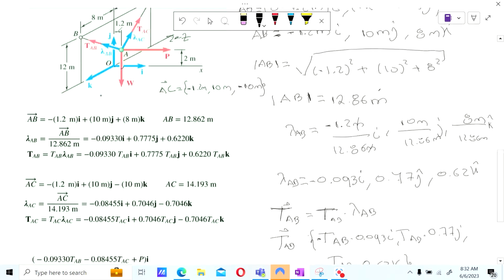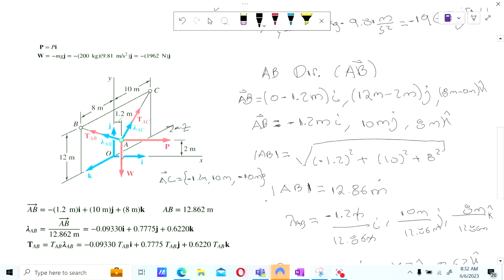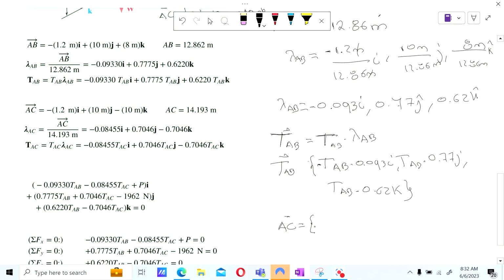AC is that location right there. And yes, that's what we get. So AC equals negative 1.2 meters I, 10 meters in J, negative 10 meters in K.